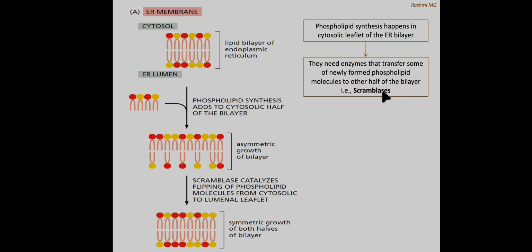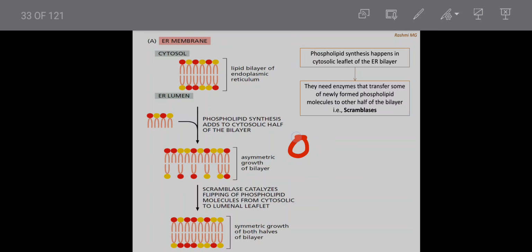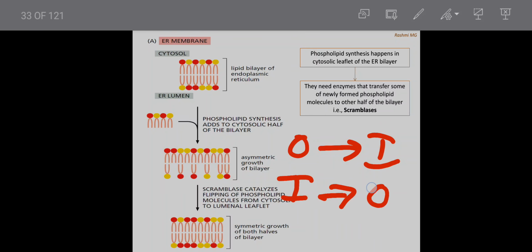Scramblases are transport proteins which help in movement of phospholipid from outer to inner and inner to outer leaflet of the bilayer. It transfers in both directions.